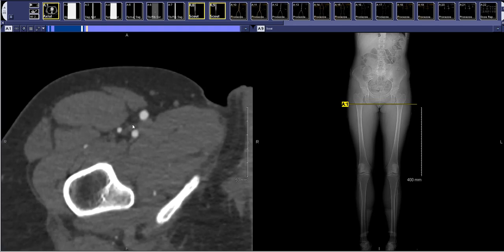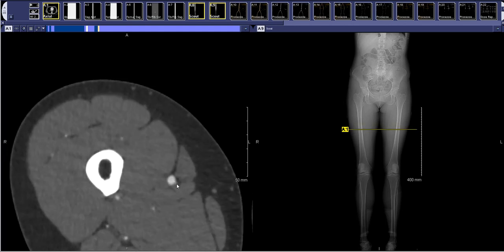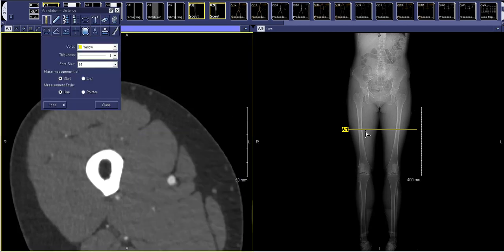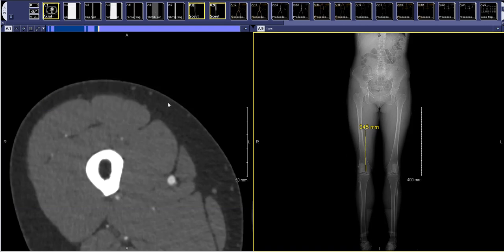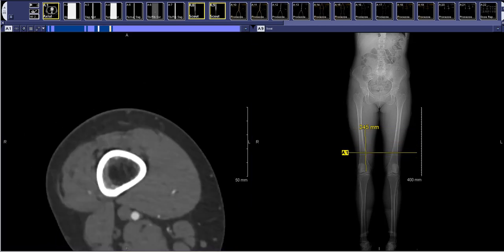Now we have the profundifemoris artery and the superficial femoral artery. And I go down, and let's just say, for the purposes of discussion, there was a dissection right here. You'd know that it was in the mid-superficial femoral artery, but you can be more precise for the surgeon, measure it on the scout, and say it's 24.5 centimeters above the knee joint. And then you can even give them a distance, oftentimes based off of the scout, of how long that narrowing, stenosis or vascular injury was.